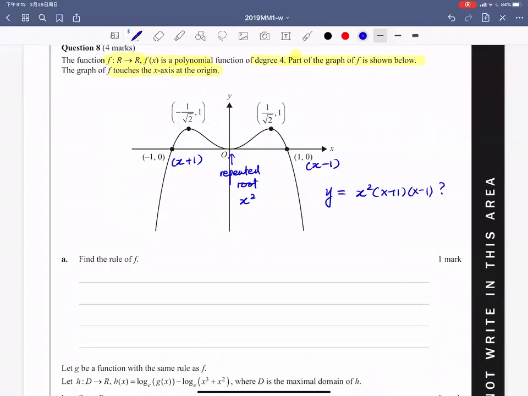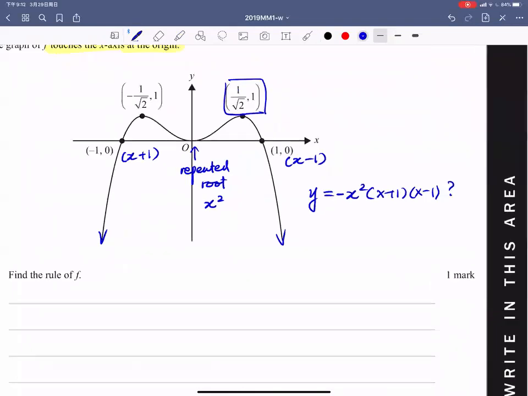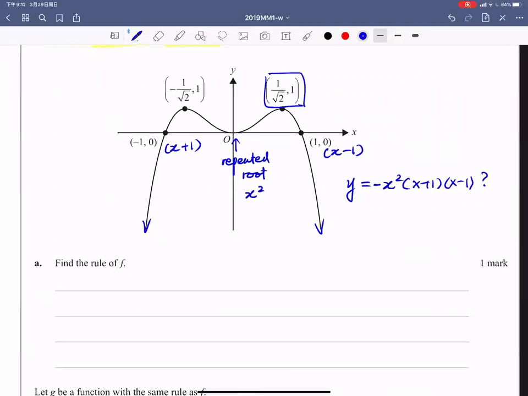Not necessarily, because it's an inverted quartic function. It should have a minus in the front, but you still need to take care of these two turning points. They are symmetrical, so either one substituted in the formula should make left-hand side equal right-hand side.